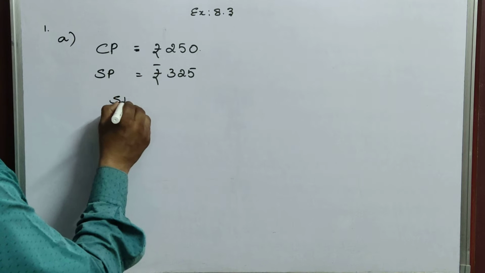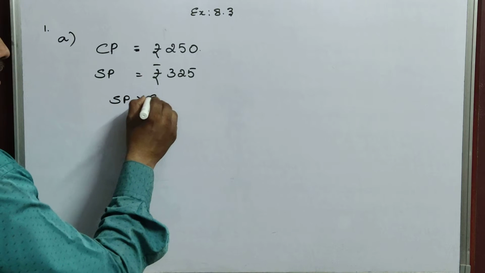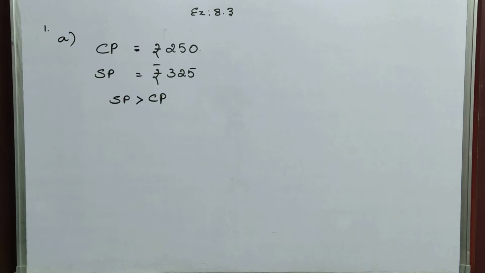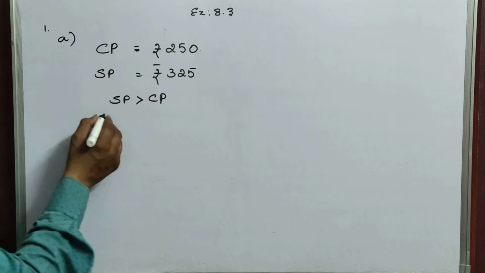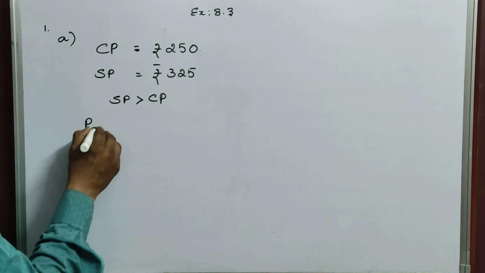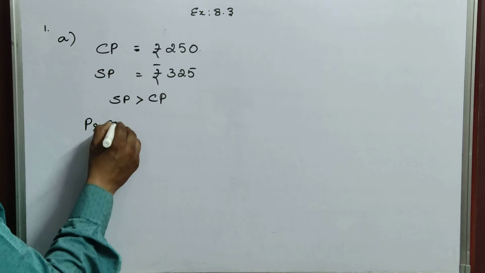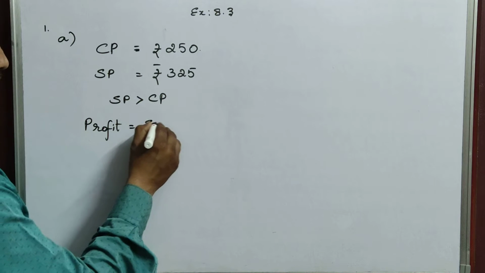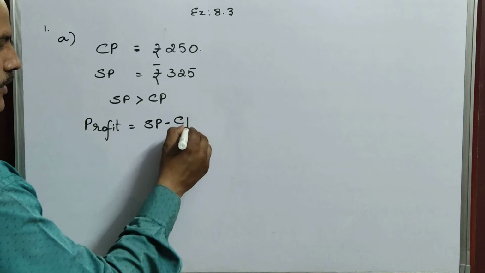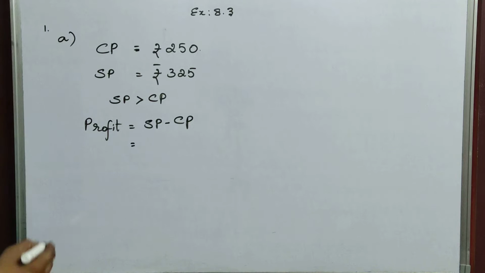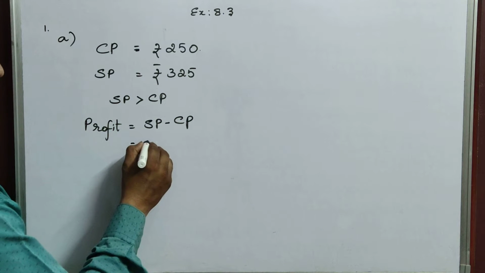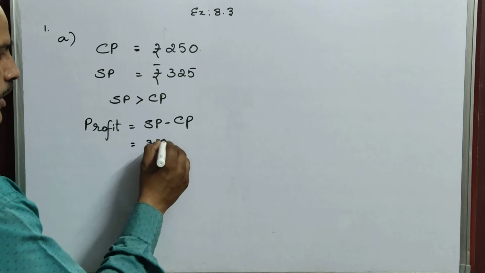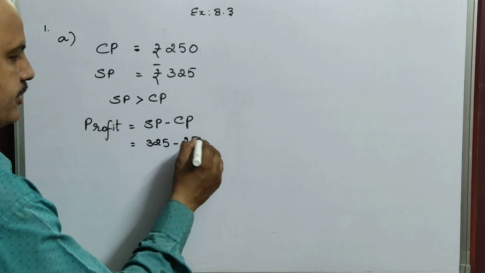Now what happened here? SP is greater than CP. If SP is greater than CP, you will get profit. So profit equals SP minus CP. What is SP, children? 325 minus 250.